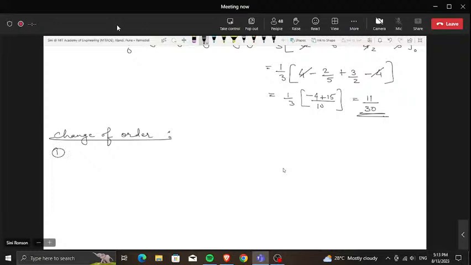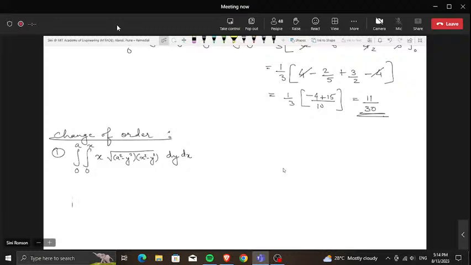Number 1 is you have the double integral of x into under root of a squared minus y squared, dy dx, y from 0 to x, x from 0 to a. Okay, and my question is change the order and evaluate.